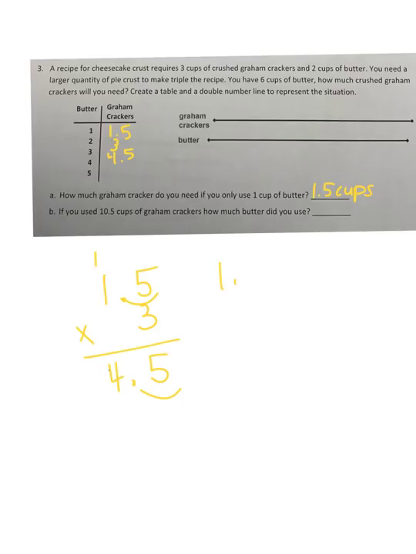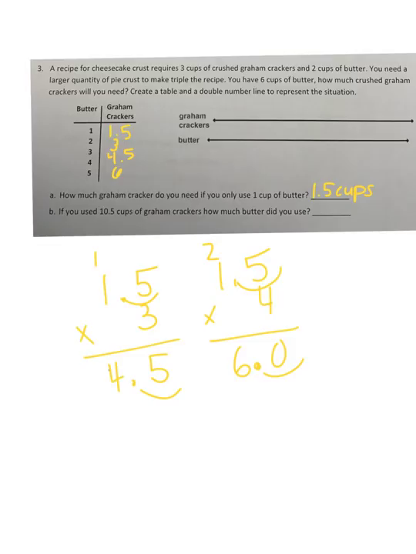For 4 cups of butter, 1.5 times 4. 5 times 4 is 20, carry the 2. 4 times 1 is 4, plus 2 is 6. Decimal in once, so I just have 6 cups of graham cracker for 4 cups of butter.